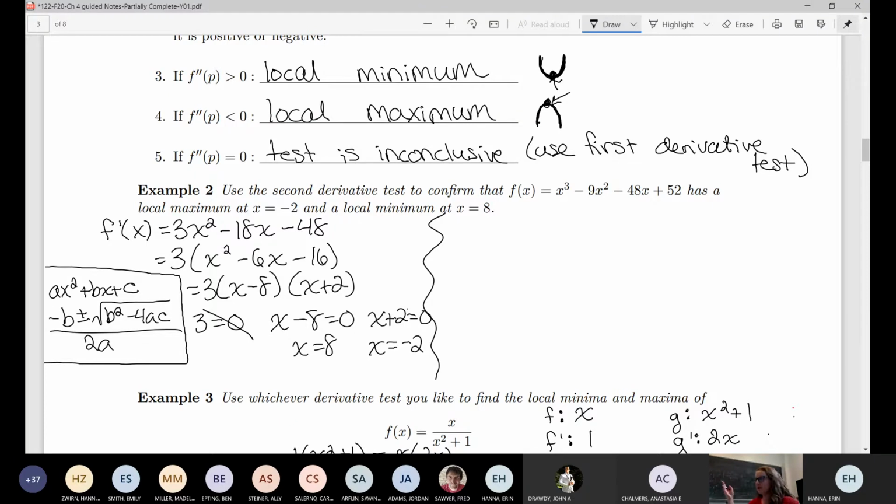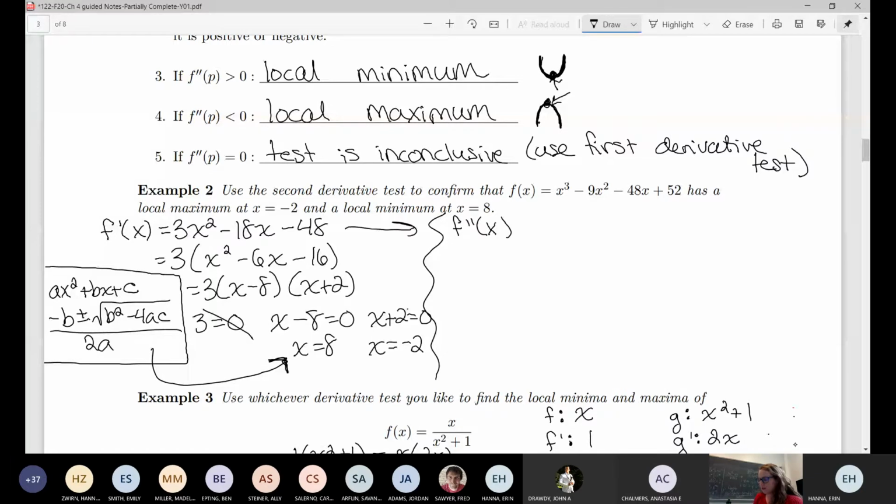But if we needed to find them, that's of course how we would find them. And if you use the quadratic formula on that, you would get 8 and -2. But anyway, here what we're actually asked to do is to use the second derivative. So we would need the second derivative.